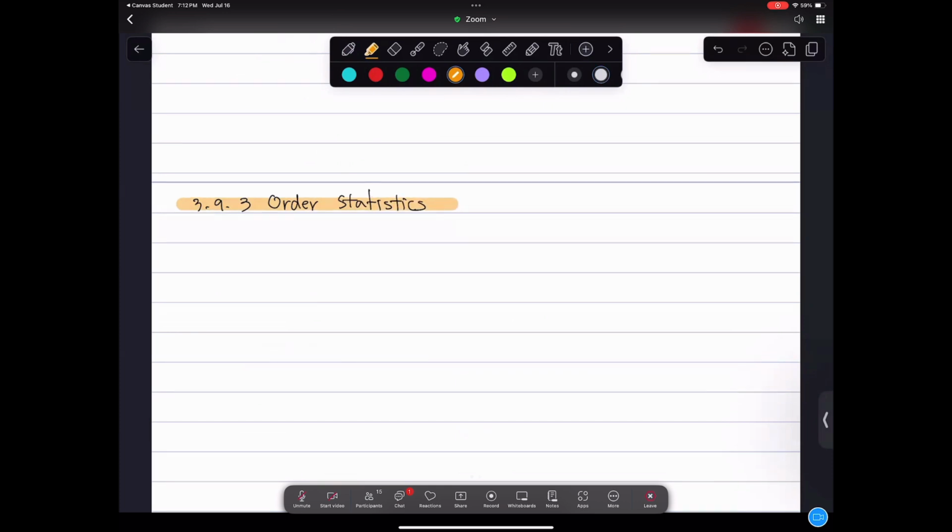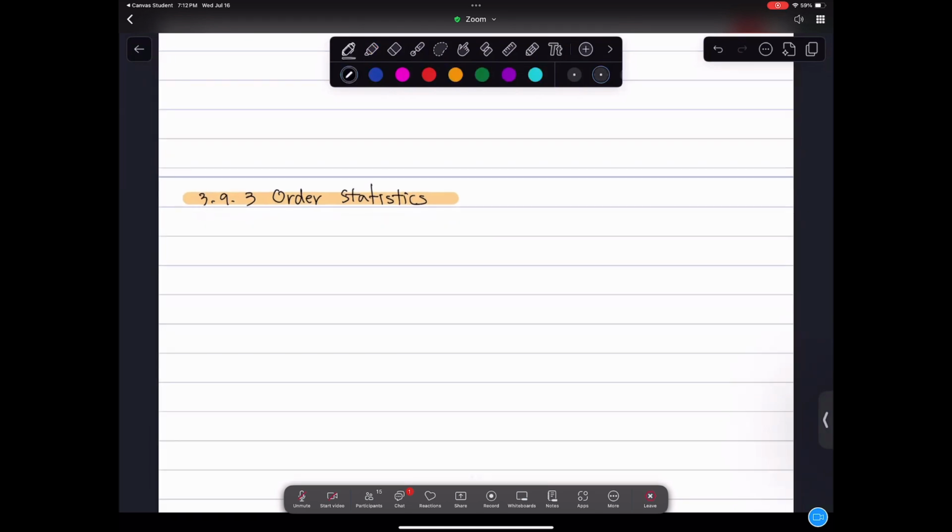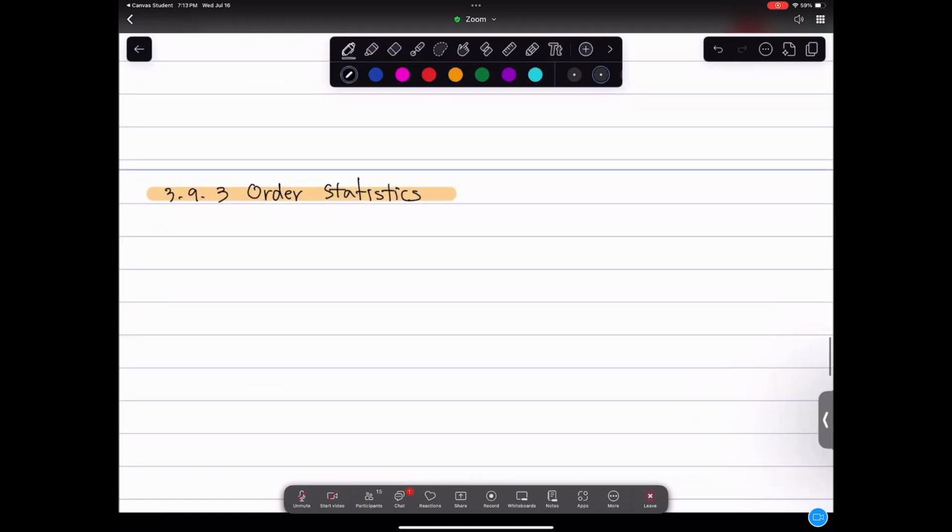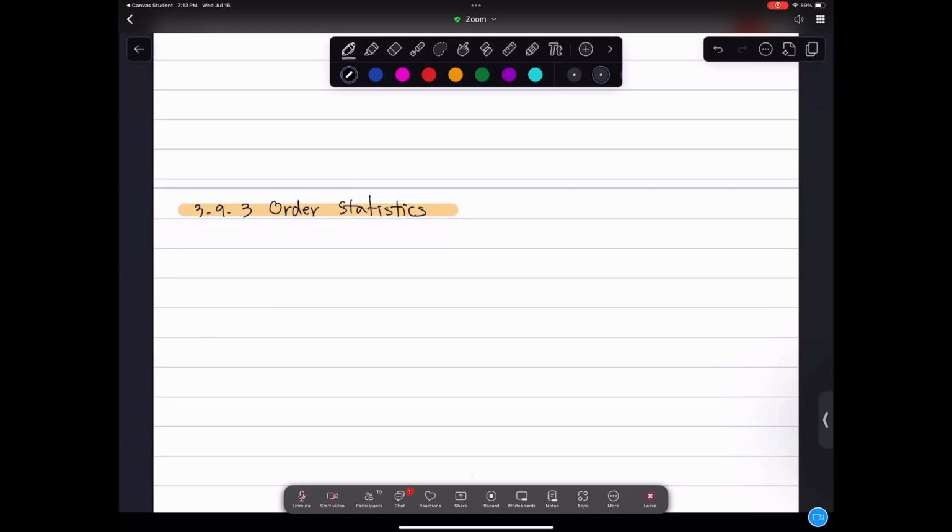I don't think the book is giving you an actual definition of it, so I'll just leave it as order statistic. In particular, we are interested in the minimum and the maximum. So we're not doing anything other than that. We just want the minimum and the maximum of a random sample.